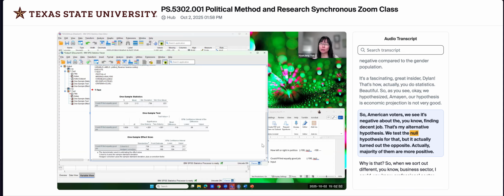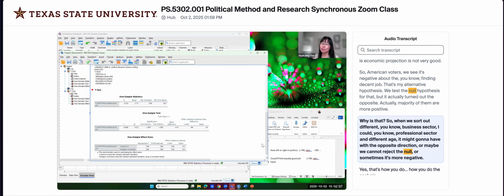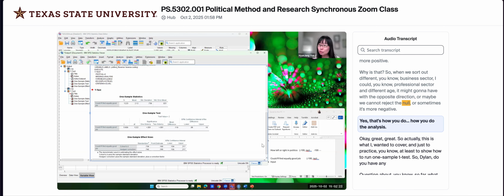Actually, the majority of them are more positive. Why is that? So when we sort out different business sectors, professional sectors, and different ages, it might have the opposite direction, or maybe we cannot reject the null, or sometimes it's more negative. Yes, that's how you do the analysis.